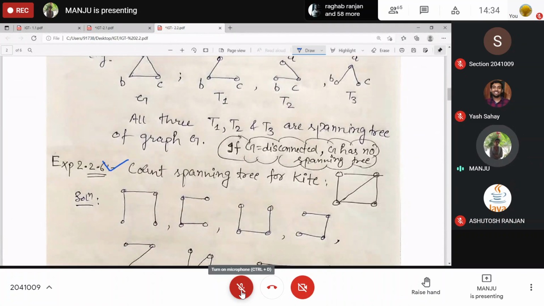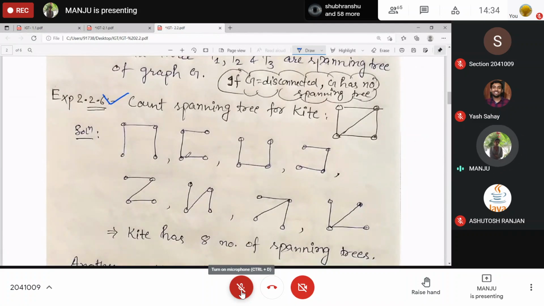Then we counted the spanning trees for the kite. First draw all the connected acyclic subgraphs of this graph with all the vertices; those will be your spanning trees. So the kite contains 8 spanning trees, which are shown over here.